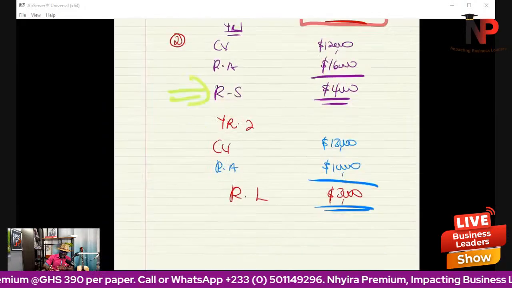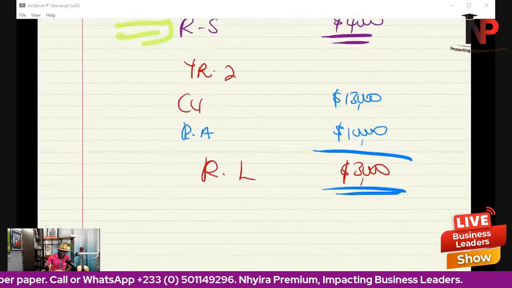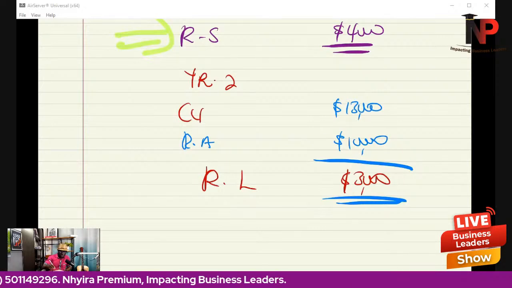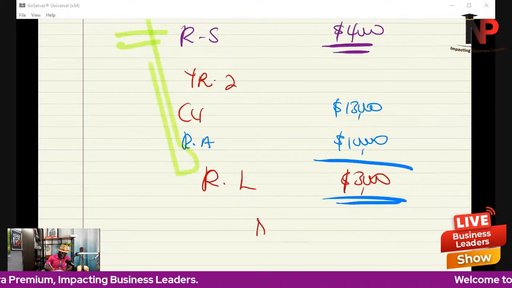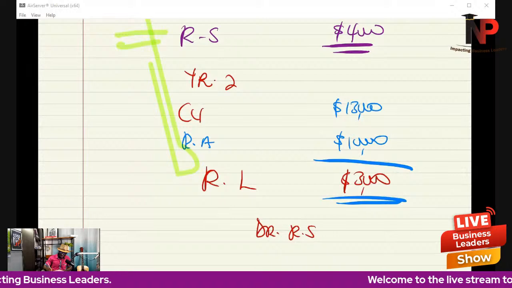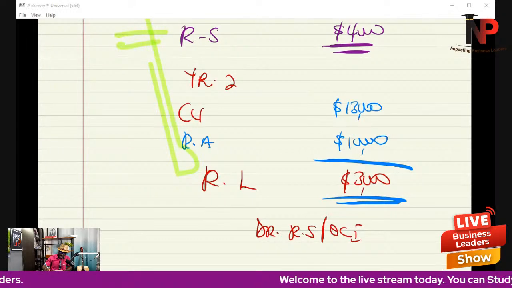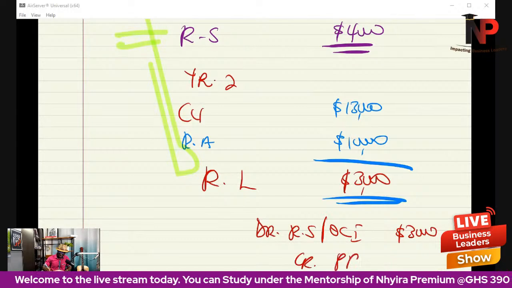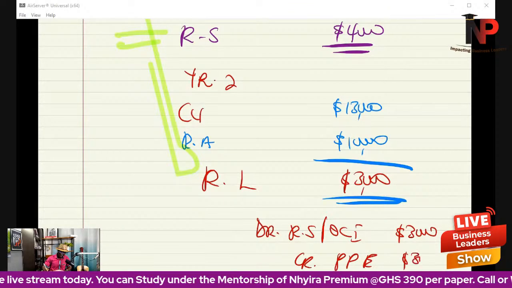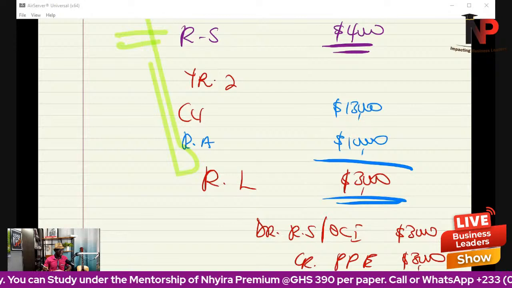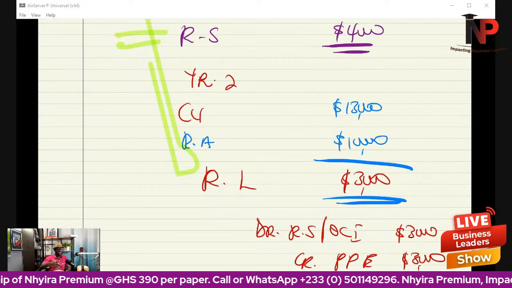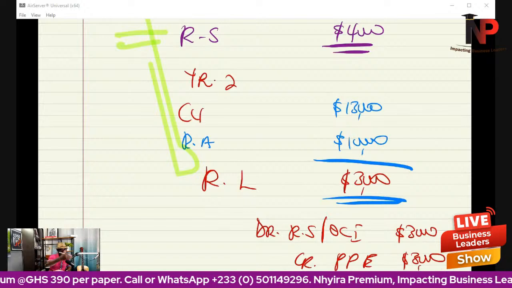Since the revaluation loss here is 3,000, that is below the revaluation surplus we are having. So you're going to debit revaluation surplus and debit the OCI with 3,000 in that particular case, and then you credit your PPE with 3,000. That is what I'm trying to say here. So it is not always that your revaluation loss will go to the P&L account.